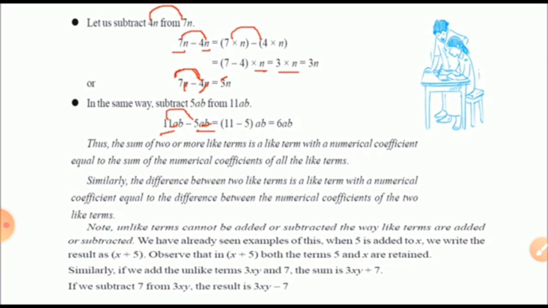Okay, second example with you: 5ab and 11ab. From 11ab, 5 is gone, beta, how much is left? 6ab. So when like terms are there, we can subtract or add the numerical coefficients according to the question. The coefficient is equal to the difference between the numerical coefficients of the two like terms.